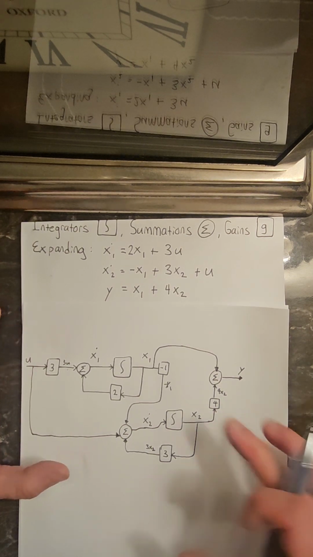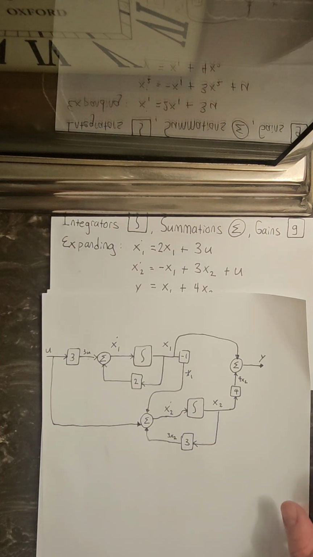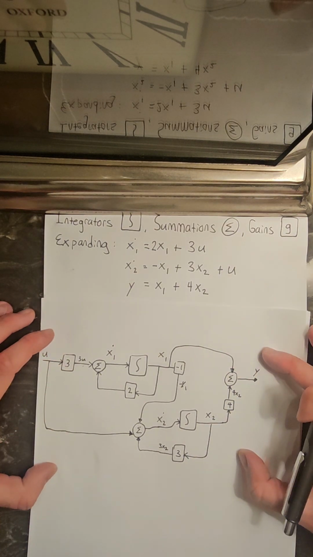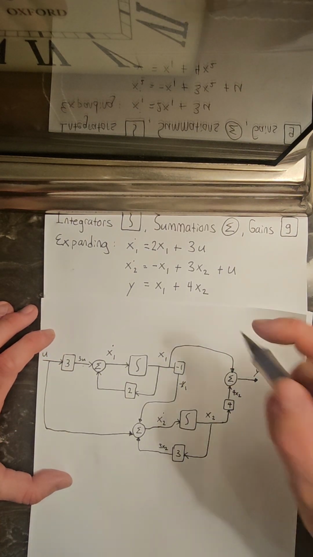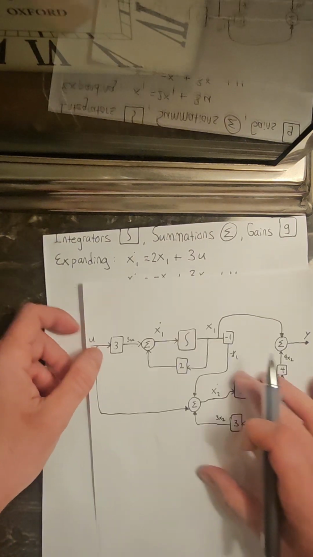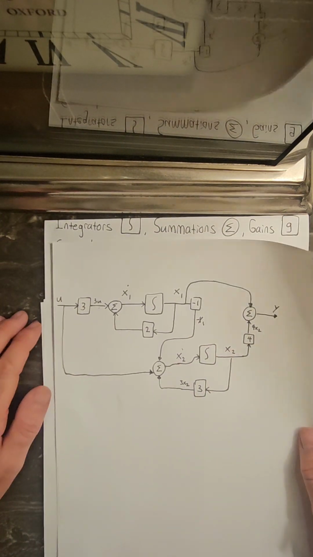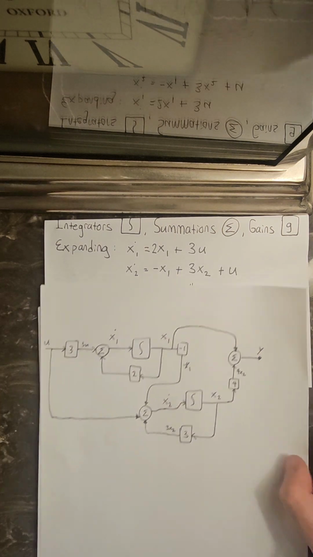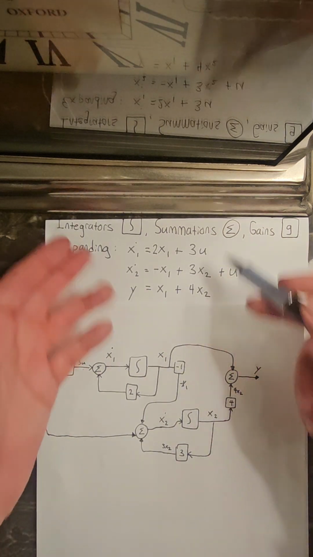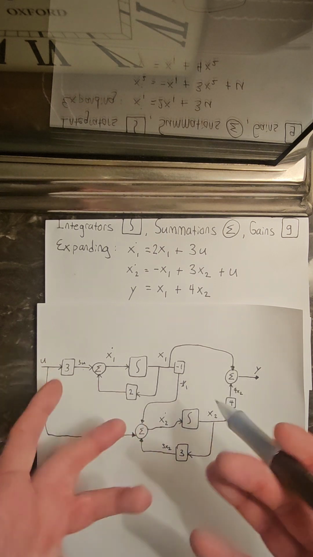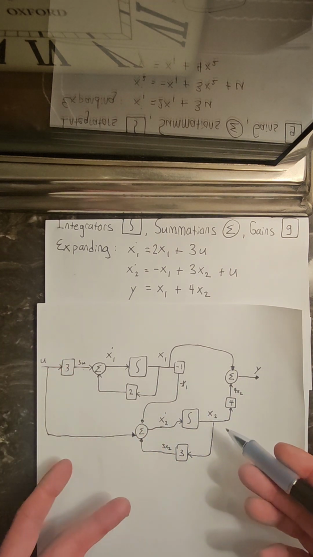So what you're looking at here is actually a block diagram representation of this system of linear equations. It's a very useful, artistic way to represent linear equations. If you have a bunch of linear equations, you're probably not going to draw this out, but it's an interesting thing to see.